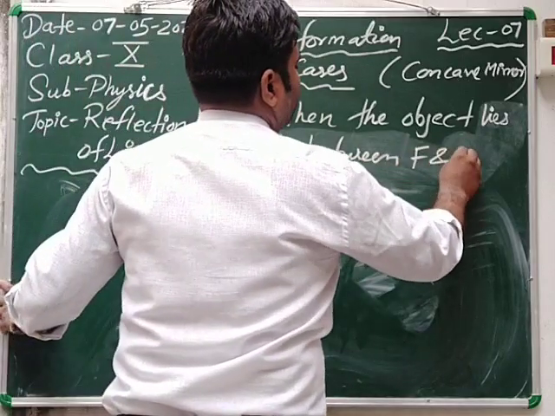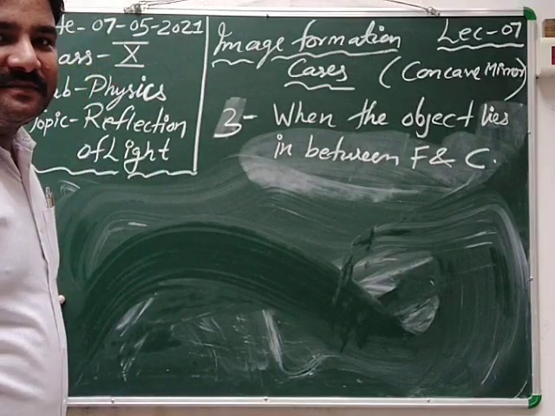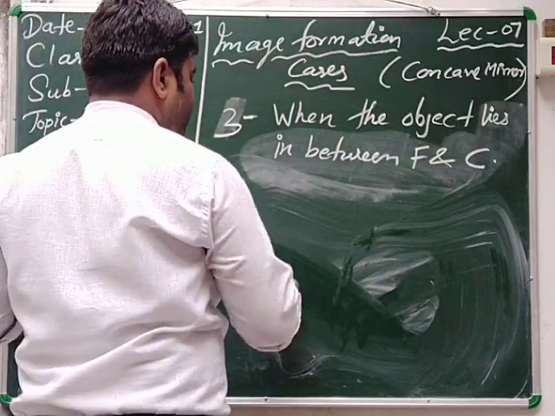F and C. Clear? जब ऑब्जेक्ट F और C के बीच में लाइज करेगा, तब क्या पोजीशन होगी इमेज की?